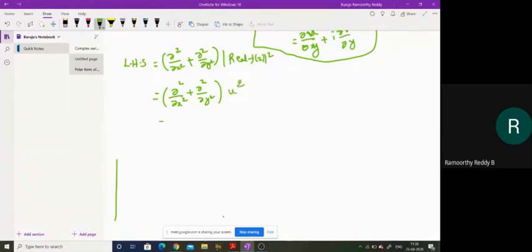So which is equal to dou square by dou x square of u square plus dou square by dou y square of u square.